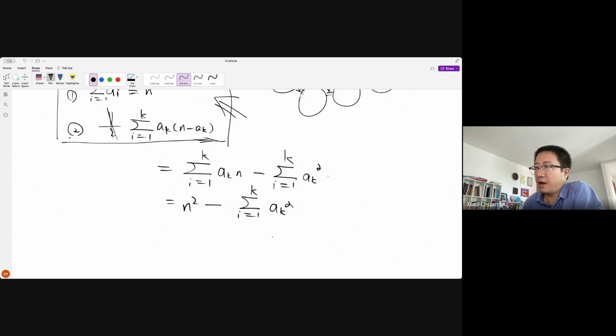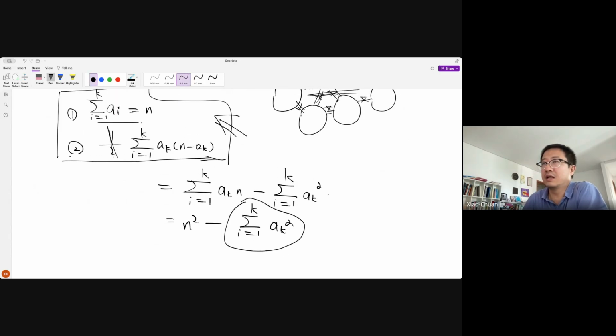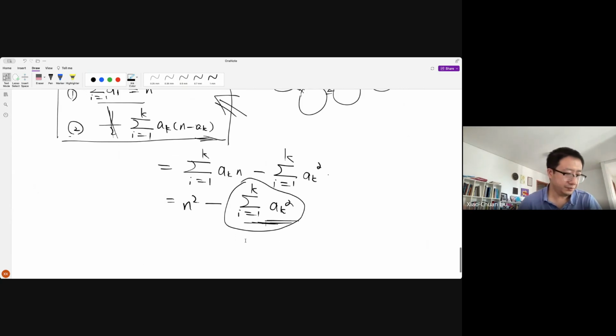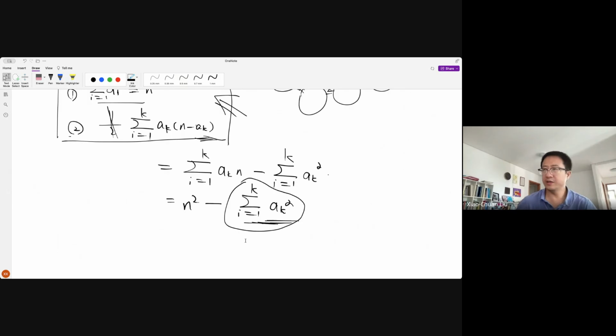So to maximize this expression, you need to minimize the sum of ai squared, again with the condition that their sum is n, constant. And you're trying to prove that when they are roughly equal, this expression is the minimum. I mean, it's just a computation. I don't remember if I put this in your exercise, but this should be something you should do at least once.